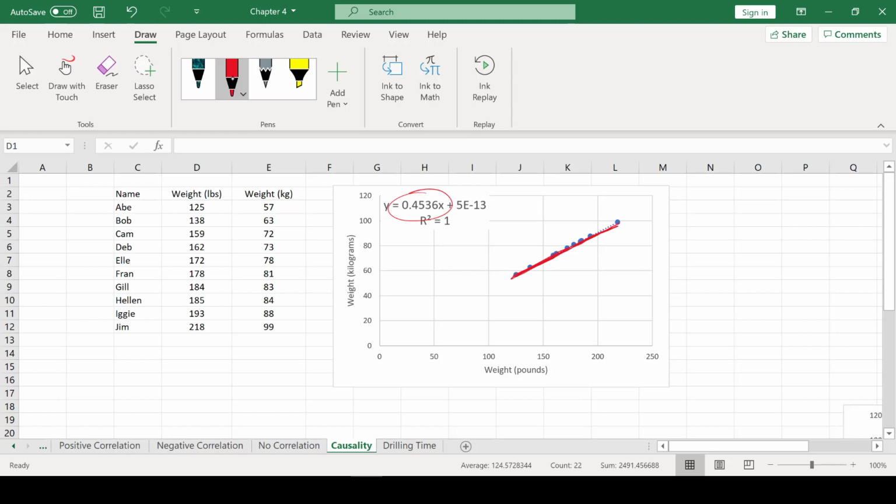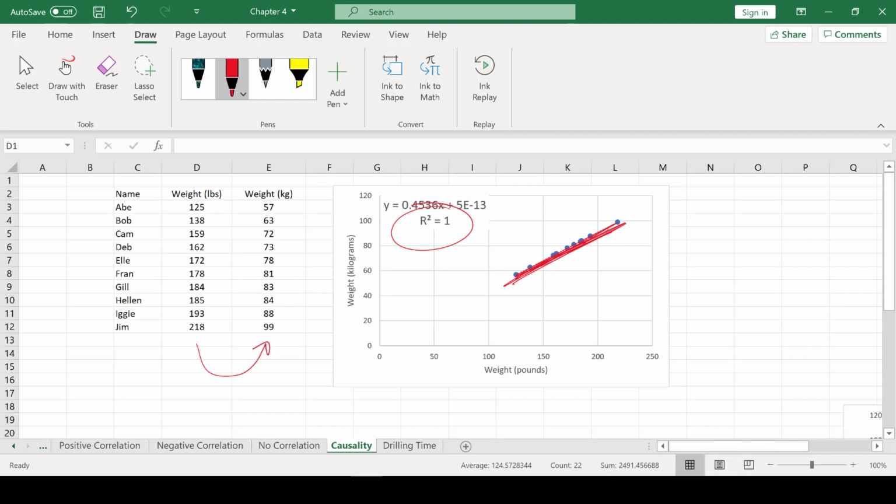The point here is not that conversion so much as to say this and this are causal. Your weight in pounds causes your weight in kilograms to change, and the relationship between the two is a perfect relationship. You can see that because your R squared value is 1.